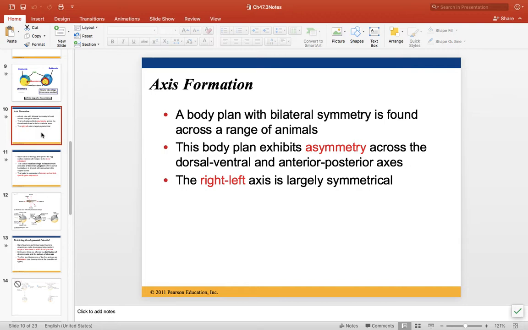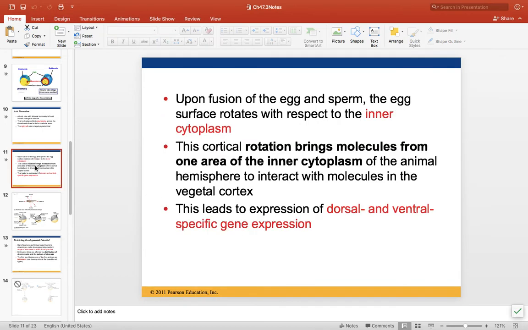A body plan with bilateral symmetry is found across a wide range of animals. A body plan with asymmetry across the dorsal-ventral and anterior-posterior axes is non-symmetrical, while the right and left axis is largely symmetrical. We can look at some examples of that too.